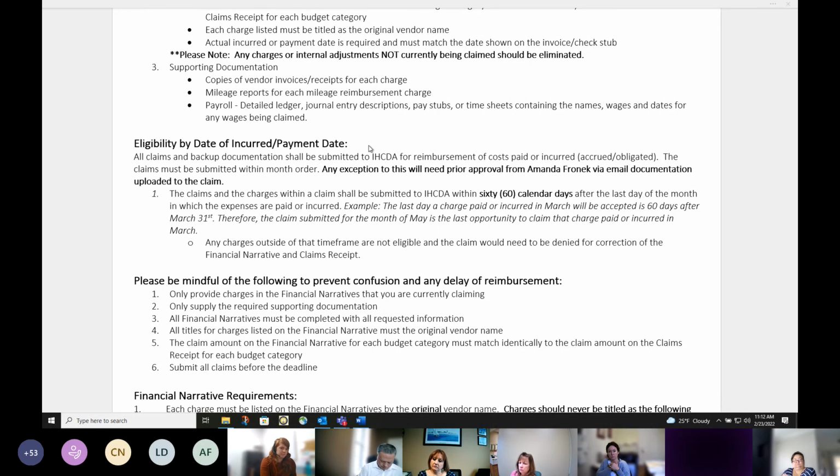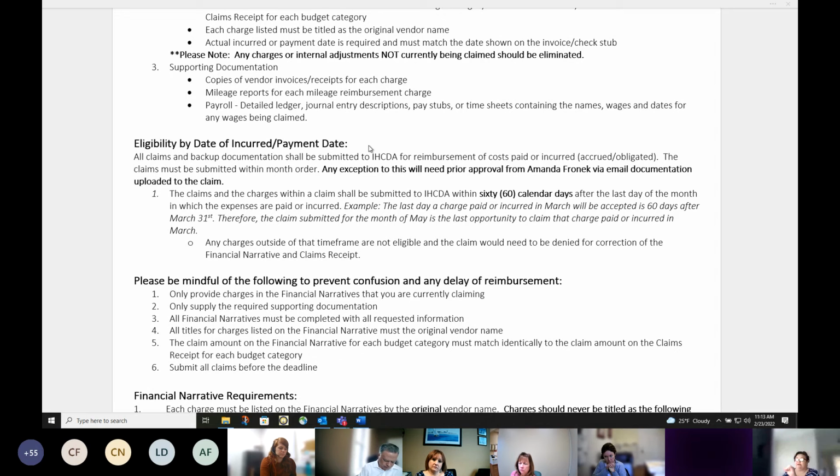Yep. Hey guys, thanks for putting this together. I do have a question about having the spreadsheet match the receipt when you do the final claim of a grant and you want to claim all the grant amount, but you don't want to go over. Is that okay if you have $1,000 that you've spent on like payroll or one big purchase, but you've only got like $800 left to claim? That's okay where you claim less than the receipt amount, correct? Yes.